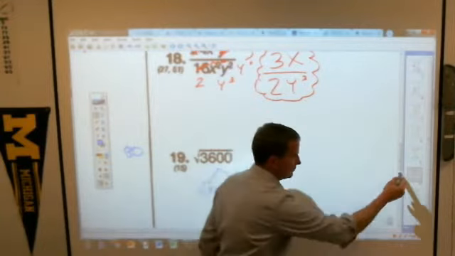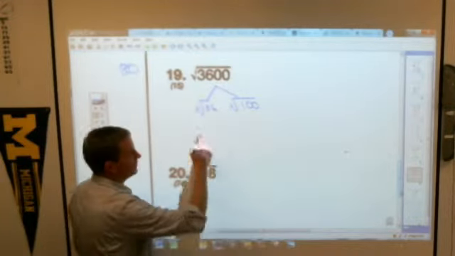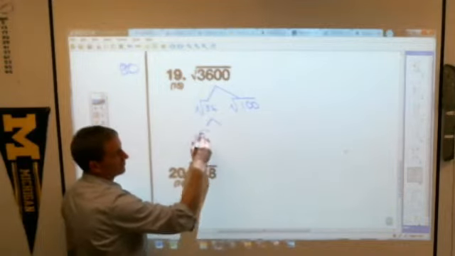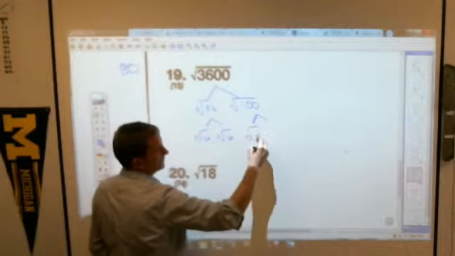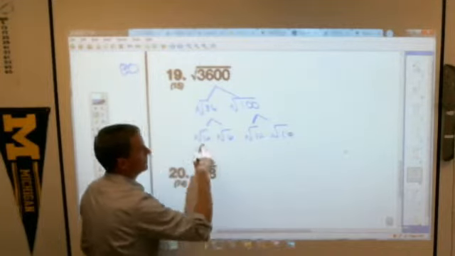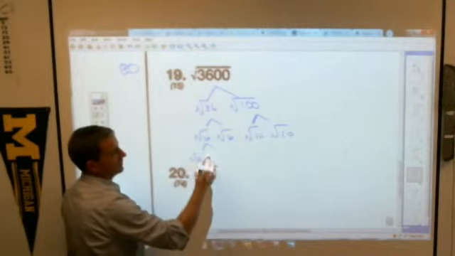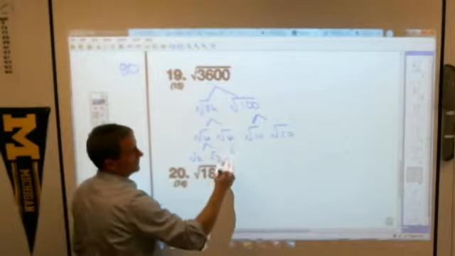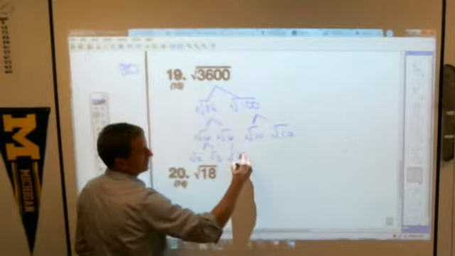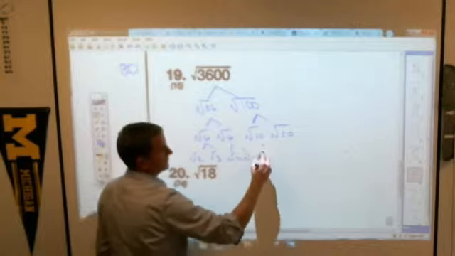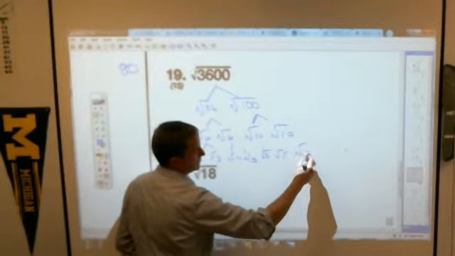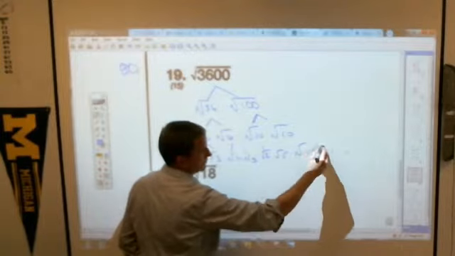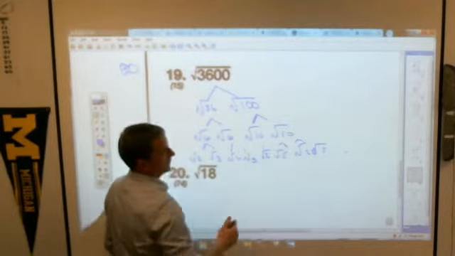If that doesn't make sense to you, then you just keep right on breaking these down. Square root of 6 times the square root of 6. Square root of 10 times the square root of 10. Square root of 6 is the square root of 2 times the square root of 3. Square root of 10 is the square root of 2 times the square root of 5.